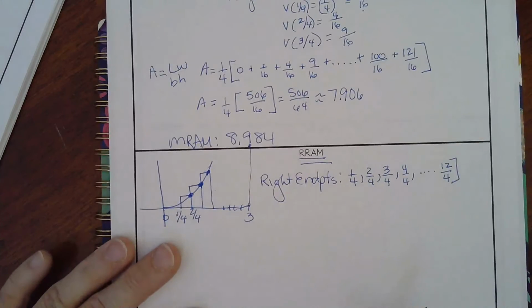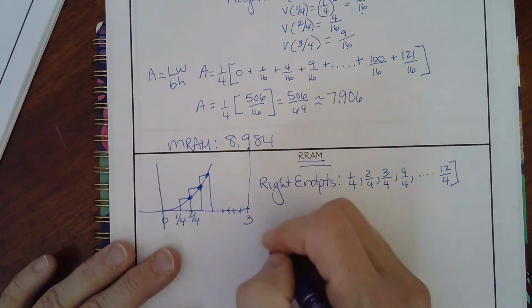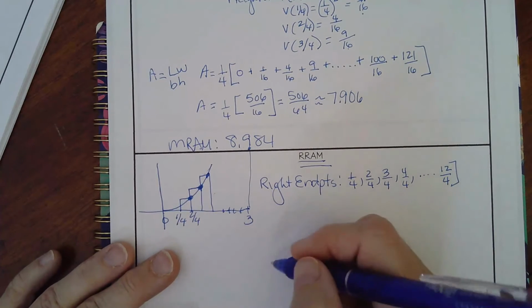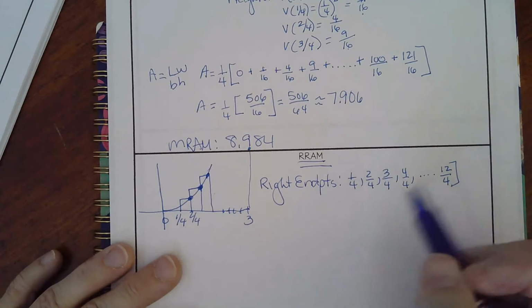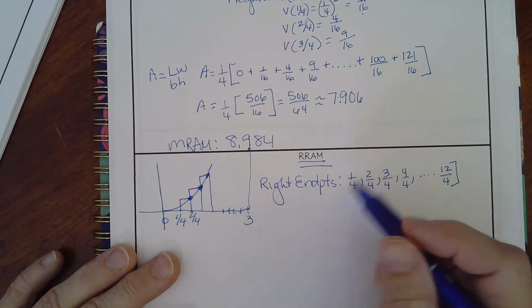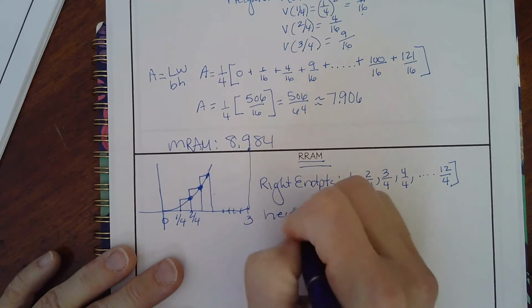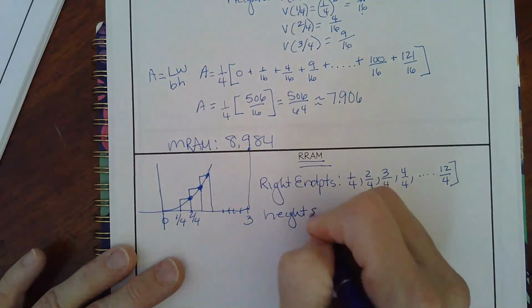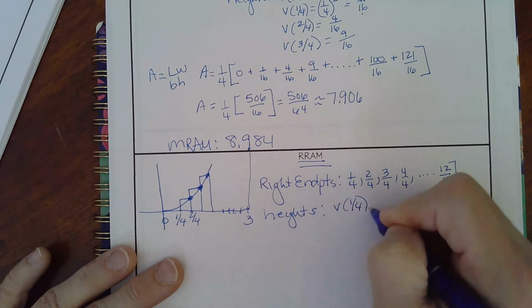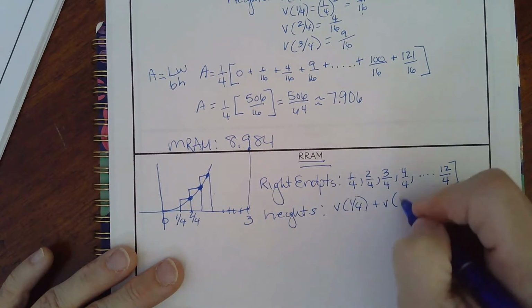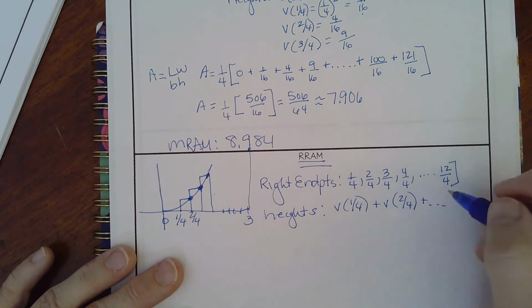So I don't know if you're paying attention, but when we go to find, do I really need to find all of the heights? Okay, we'll do so. Let's just start with finding the heights. We will have V of 1/4 plus V of 2/4 plus all the way down to 12/4.